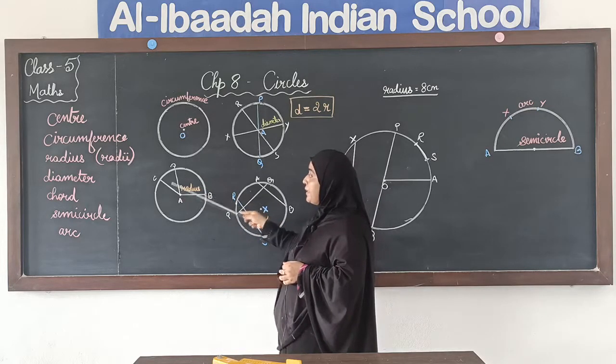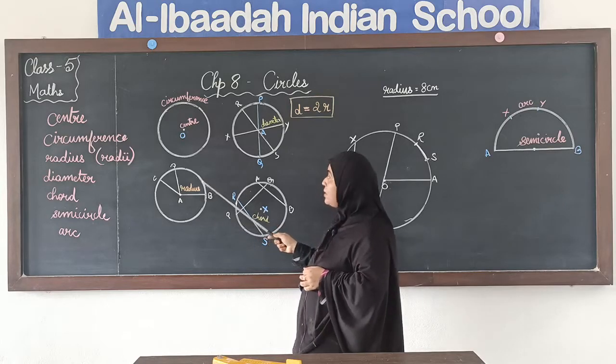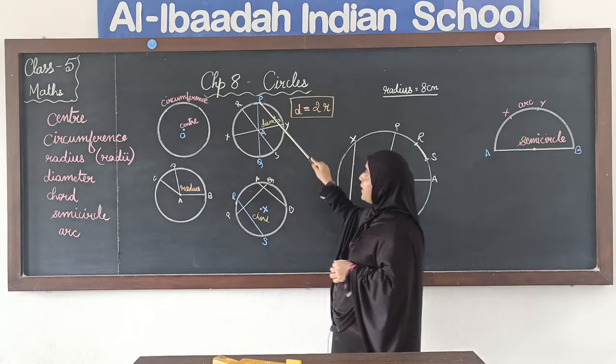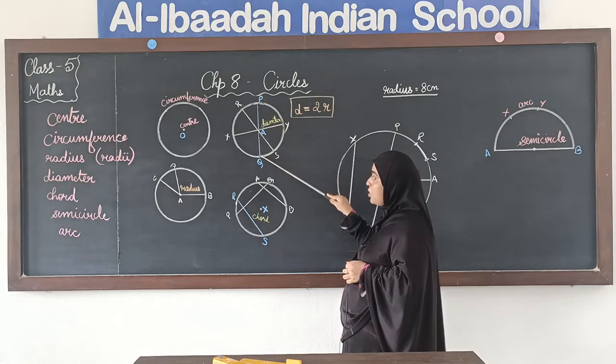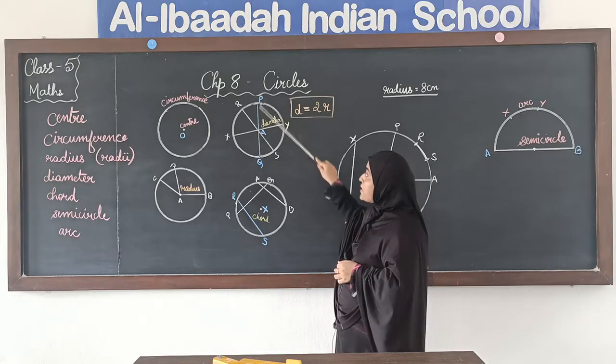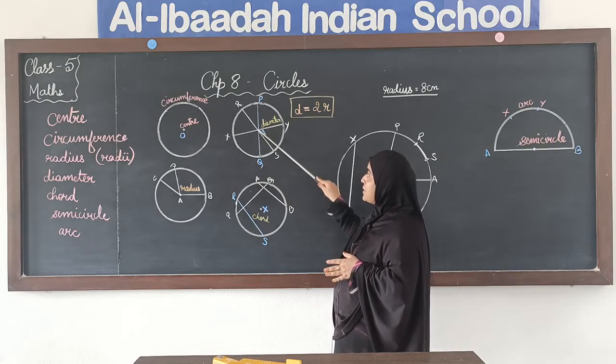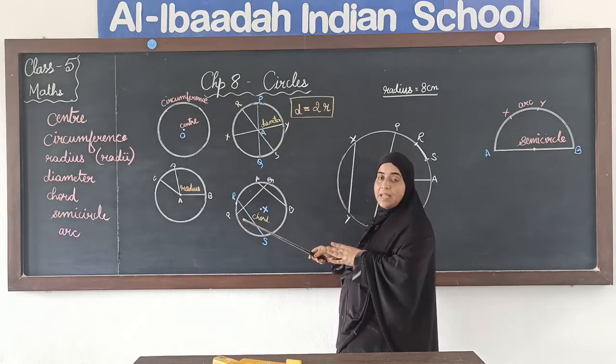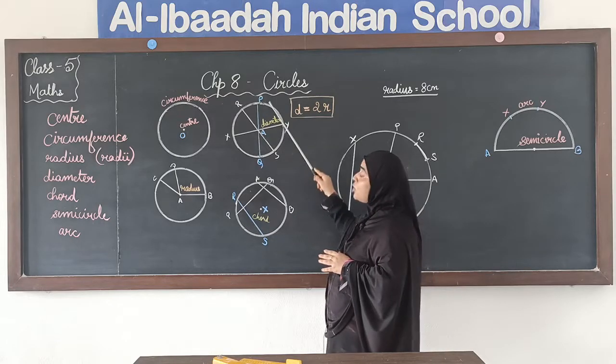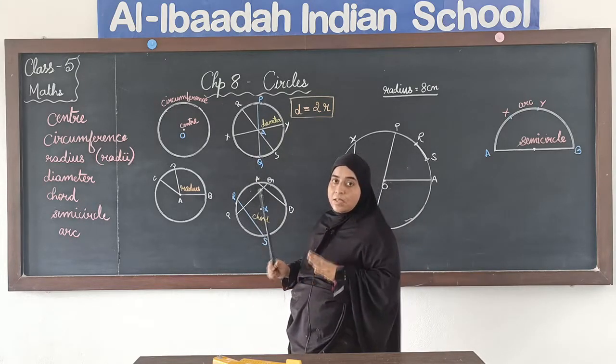So we can have many radii for one circle. Diameter is the line that joins 2 points on the circumference, but it passes through the center. It is a special type of chord. Since it passes through the center, we name it the diameter, and it is the longest chord of the circle.